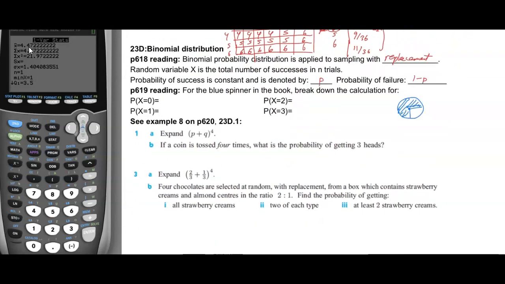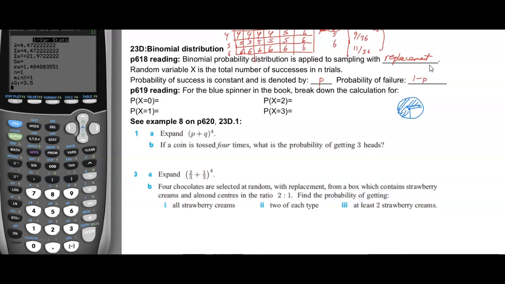23D. Probability distribution is applied to sampling with replacement. So remember before we did some problems where we didn't have replacement and we cannot use our calculator easily to do those in a flash like we're going to do now. Whenever you have with replacement, it means that you have repeated trials that are exactly the same.